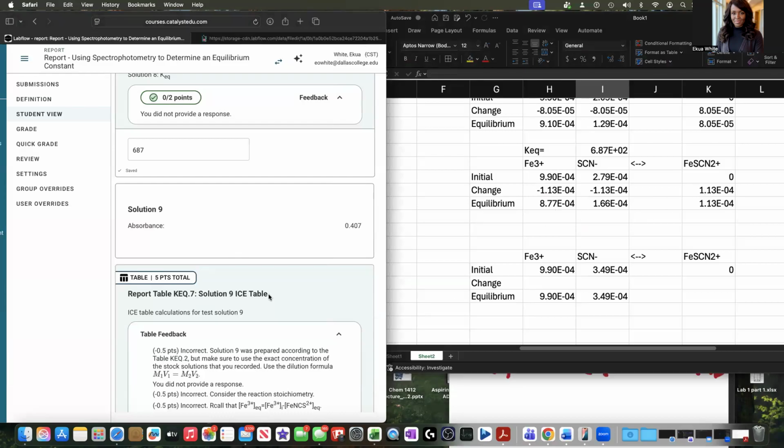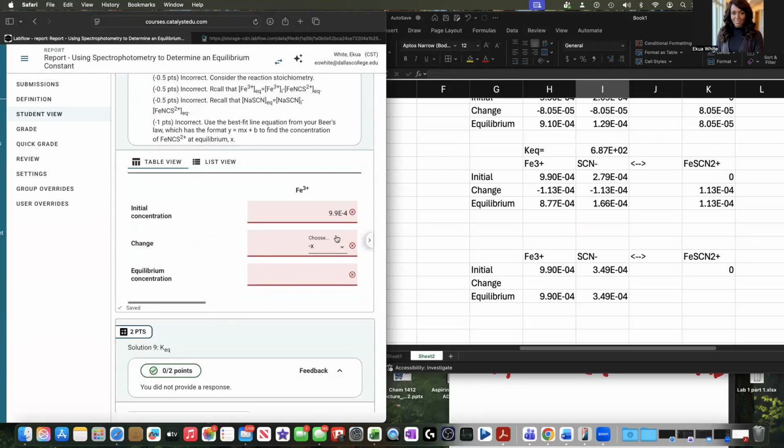So once I have my numbers here, then I go over here, right? I have my initial, my changes minus x, my final will be 8.77 e -4. I really hope this works. 2.79 e power -4.